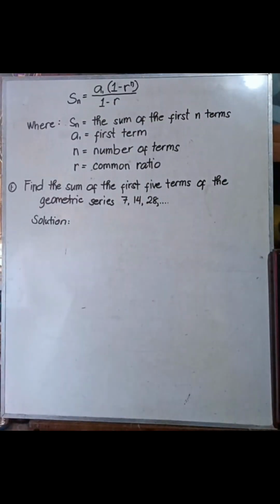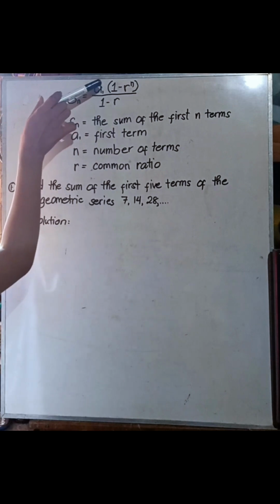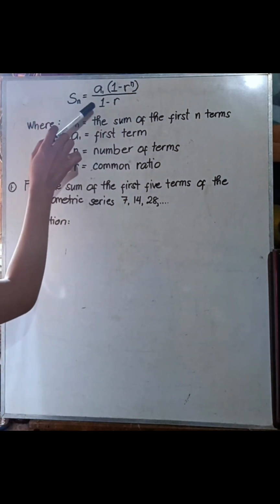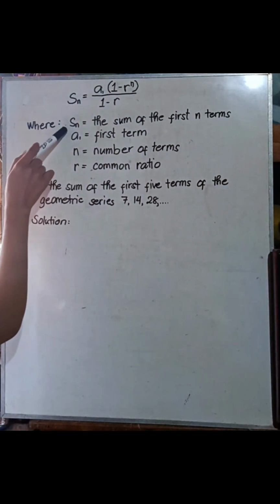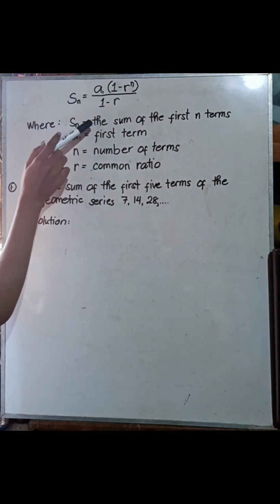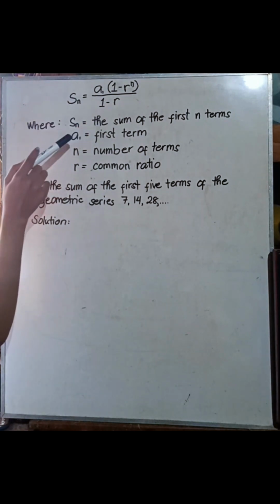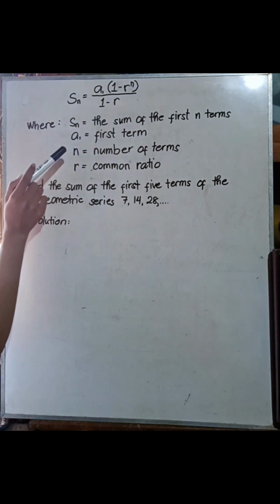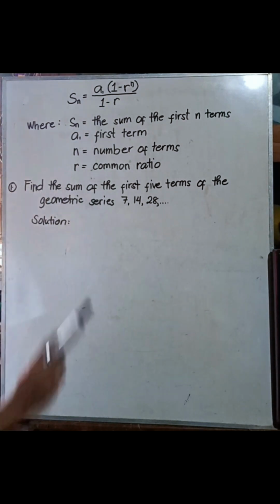So, now we have here our formula. S sub n is equal to a sub 1 times the quantity of 1 minus r exponent of n all over 1 minus r, where S sub n is the sum of the first n terms of a geometric sequence, a sub 1 is the first term, r is the common ratio, and n is the number of terms.